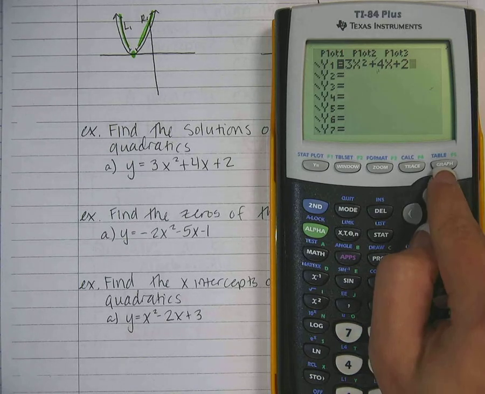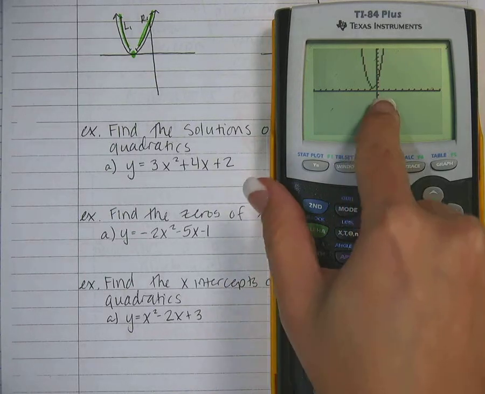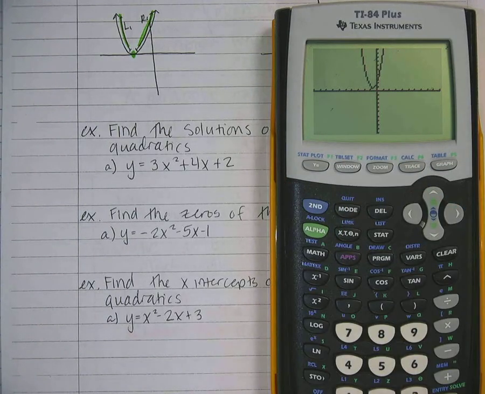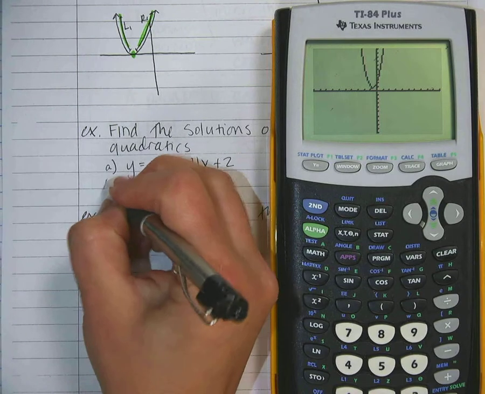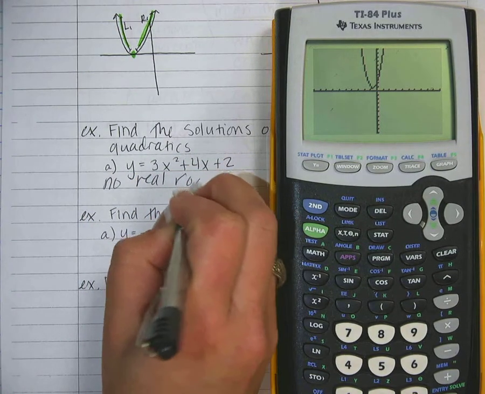Now I want to press graph to look. And if you look real close, it's not crossing at all. It doesn't cross the x-axis. This one's easy. We love these. No real roots.